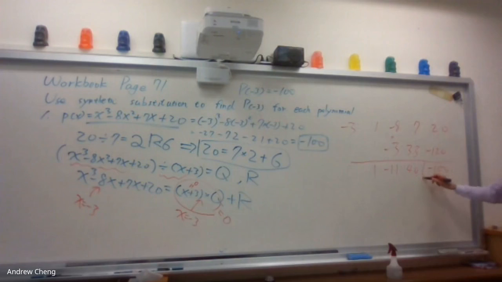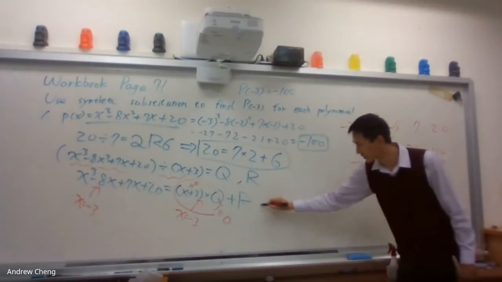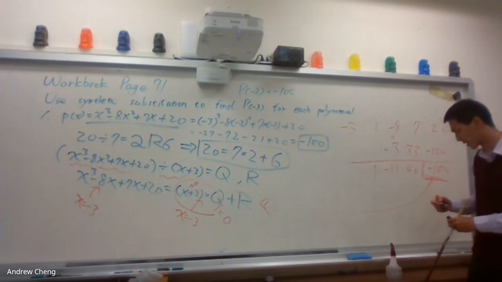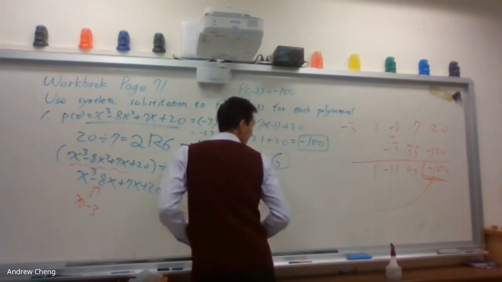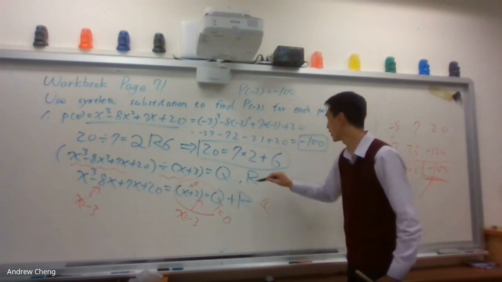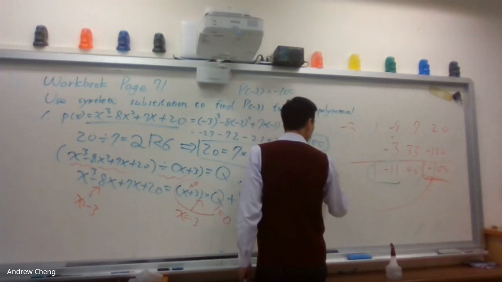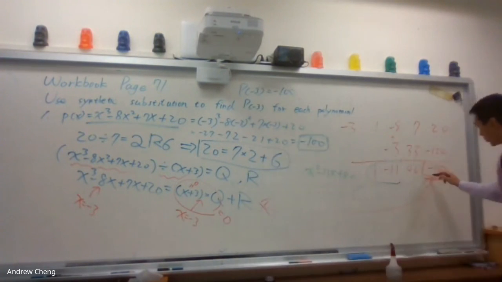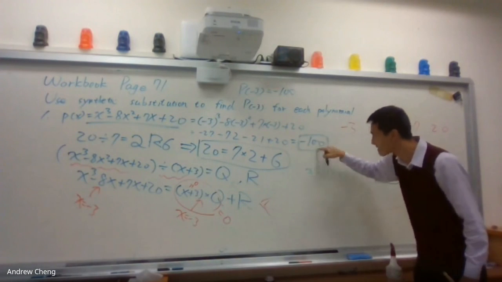All right, this is the remainder, and I got a quotient, but the quotient is not needed here. The quotient Q is x squared minus 11x plus 40, and the remainder is -100.